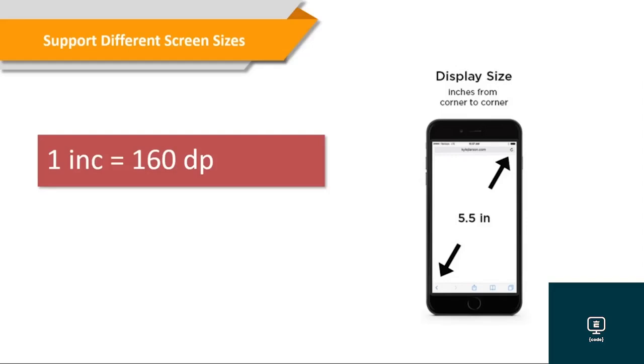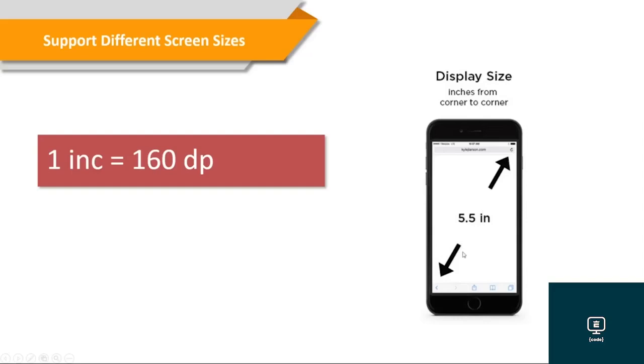And that means that from one corner to the other corner is 5.5 inches. And 1 inch equals 160 dp. So please, again, don't confuse dp with dpi. dpi is used for screen density, and dp is used for screen measurement.